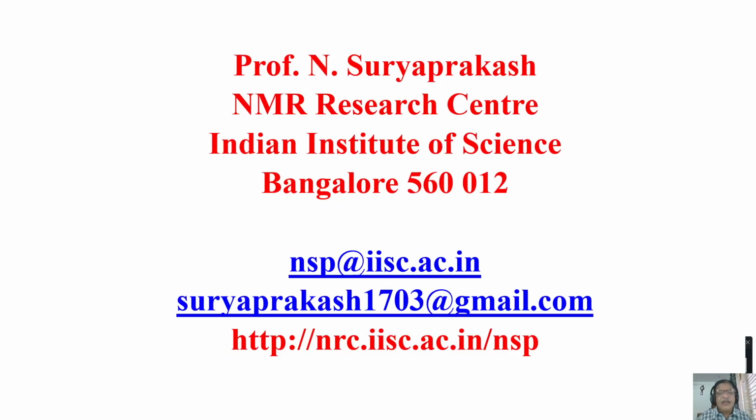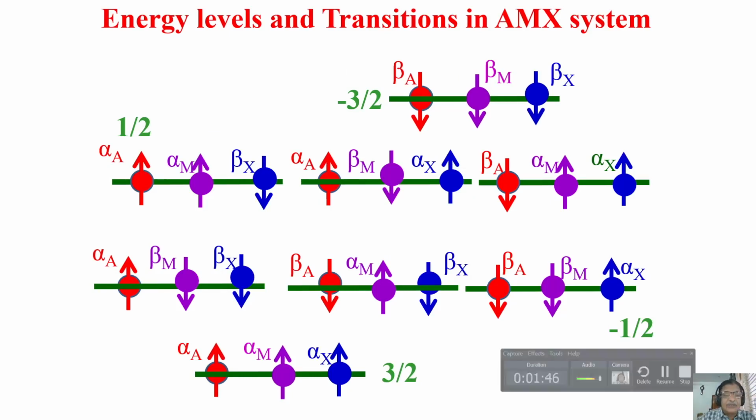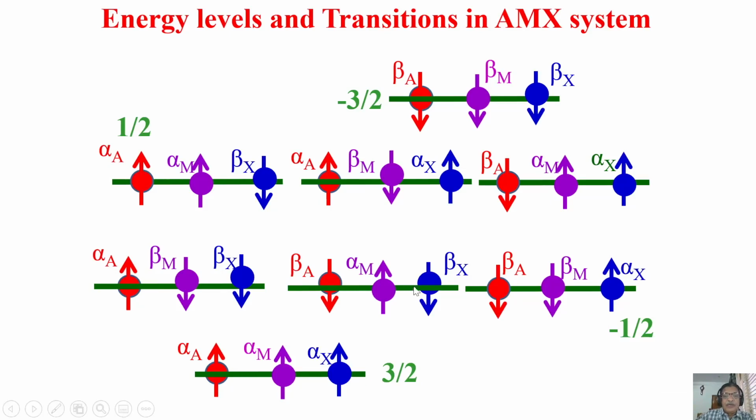Same for X. Now we went to a 3 spin system, and I showed there are 8 possible energy states, and worked out the magnetic quantum number of each energy state, and I explained to you there are 12 possible transitions here, 4 for A, 4 for M, and 4 for X. I explained in this diagram: this is the energy state with the total magnetic quantum number of minus 3 by 2, each of these energy states has total magnetic quantum number of half, and each of these has minus half.